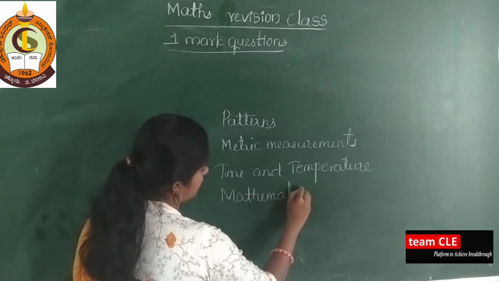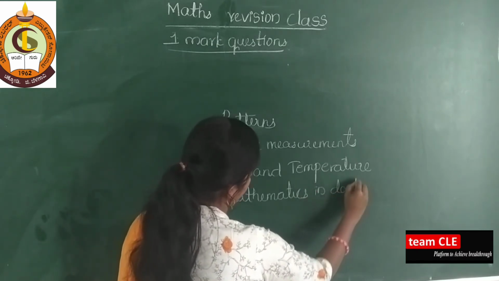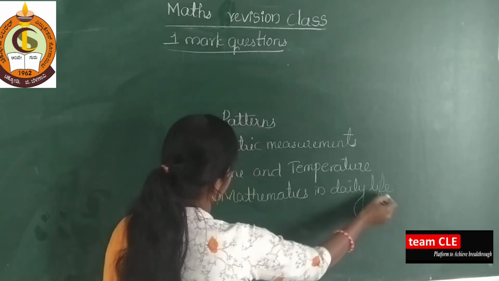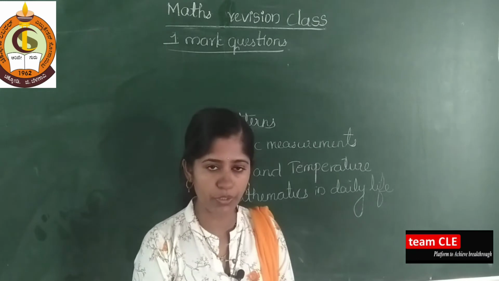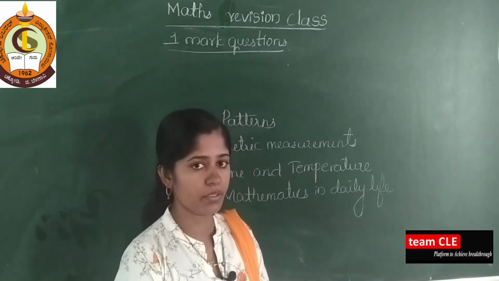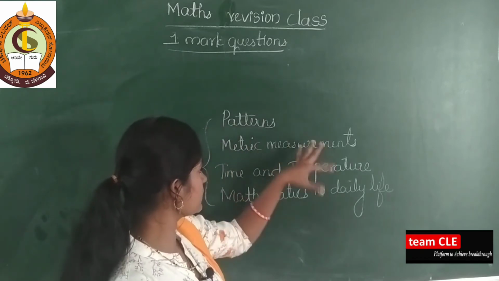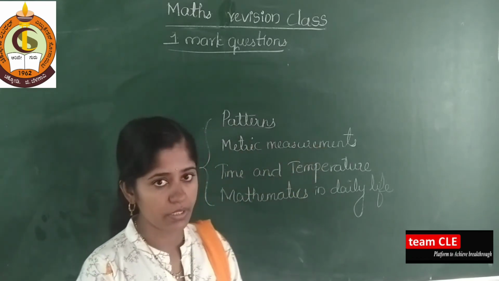All these lessons you are going to get in your periodic test 3. So prepare well for your periodic test exam. So first one is patterns and symmetry, metric measurements, time and temperature, mathematics in daily life.